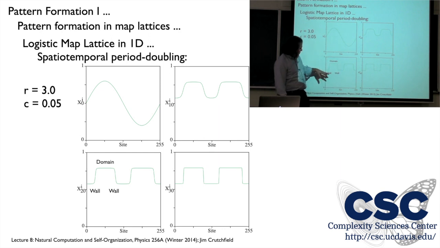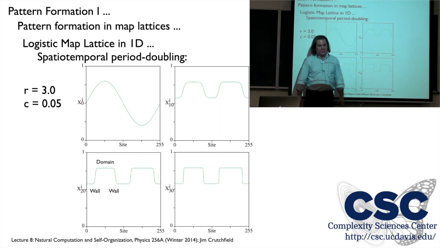Just to introduce some terminology, I call the in-phase sites a domain. This would be another domain. This is a domain down here. And then between the two domains, there's a wall. The wall is where the sites are sort of disagreeing, or they're being pulled in two different directions. They have these neighbors that are out of phase, and they're being pulled this way and pulled that way. And then over time, it just gets sharper and sharper.